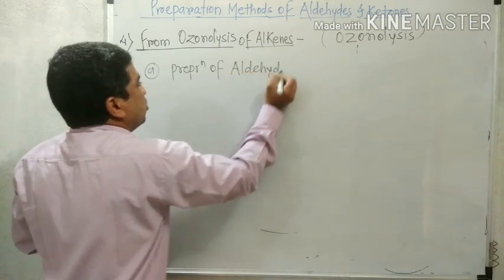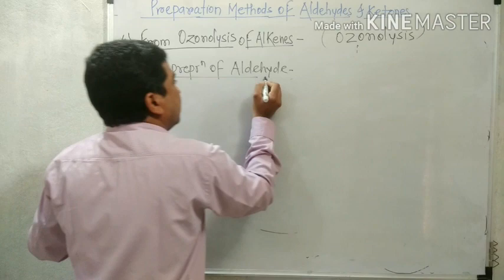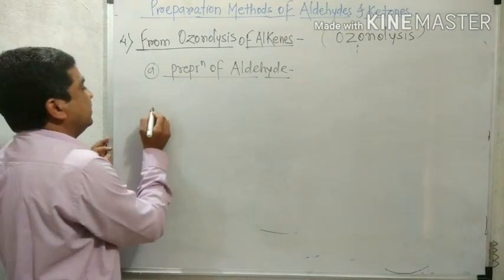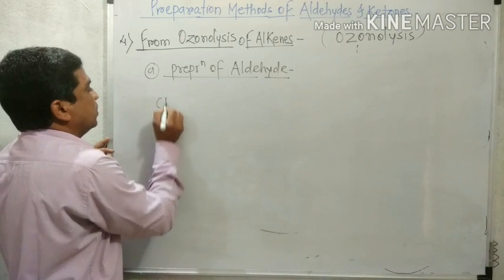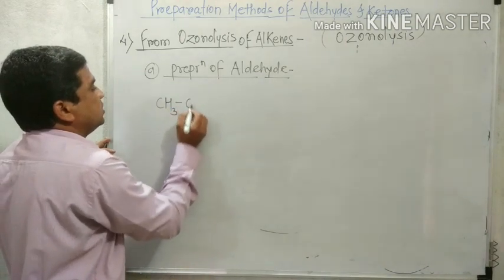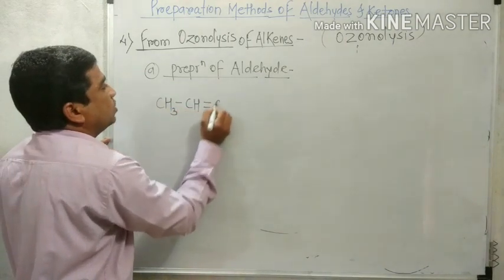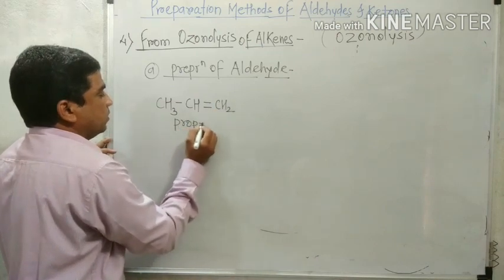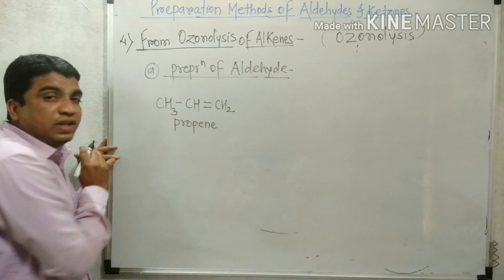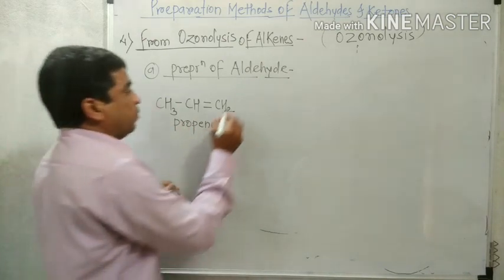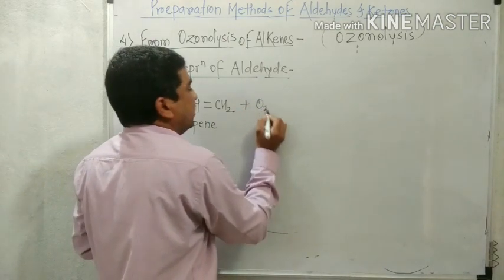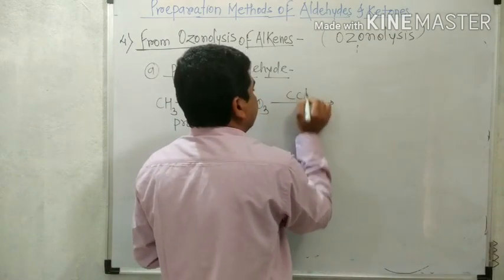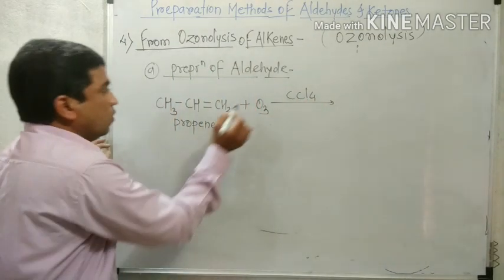For the preparation of aldehyde, the example we are going to discuss is CH3CH=CH2, that is propene. Propene is an alkene.